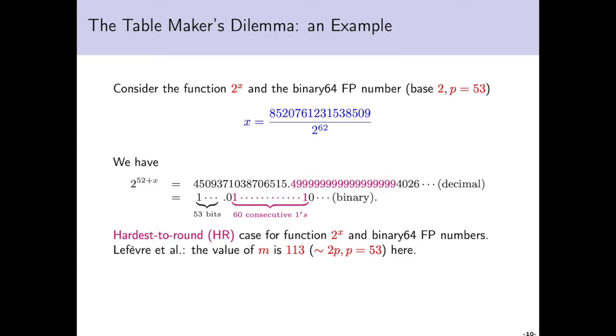So actually, Lefèvre was able to prove that for 2 to the x, in double precision, we have an optimal value for m, which is 113. Okay.